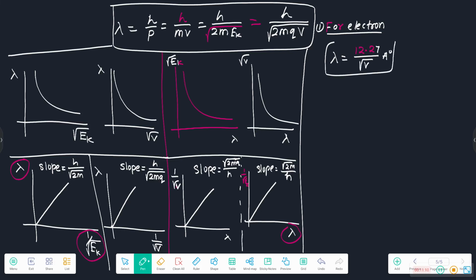So in angstrom unit you remember, you can convert to nanometer also. Now second, for proton you remember, all of you. This is your electron, you understood. For proton, listen, lambda is equal to 0.286 by root v angstrom.